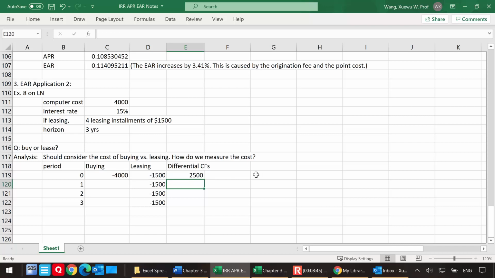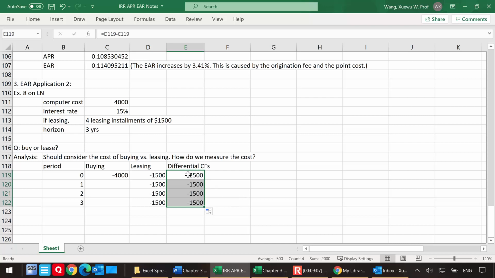So you see that if you lease the computer, you pay $1,500. If you buy the computer today, you pay $4,000. So the difference is negative $1,500 minus negative $4,000. So that's $2,500. And I'm going to do this for the other cash flows in the other periods as well.